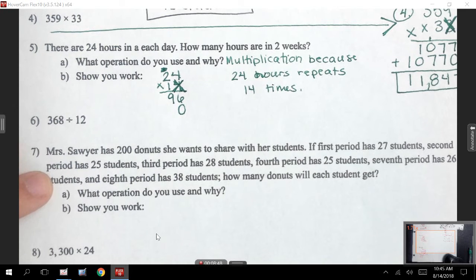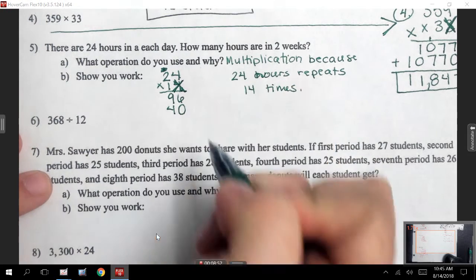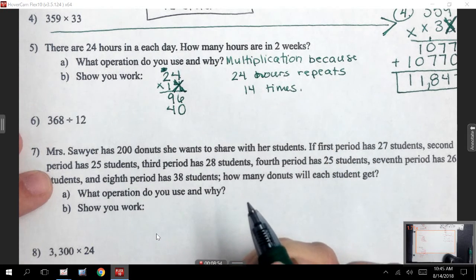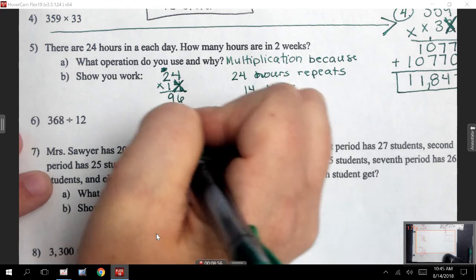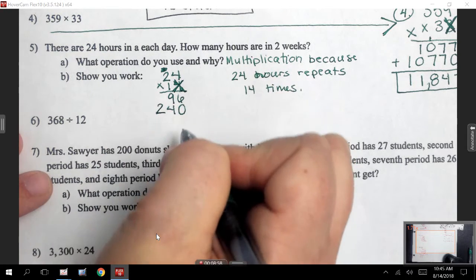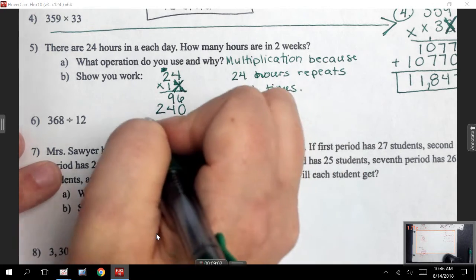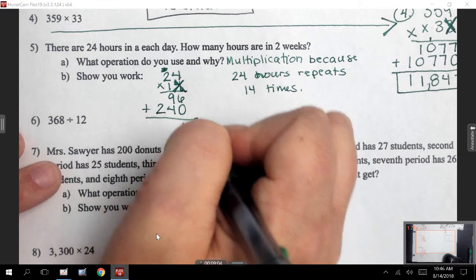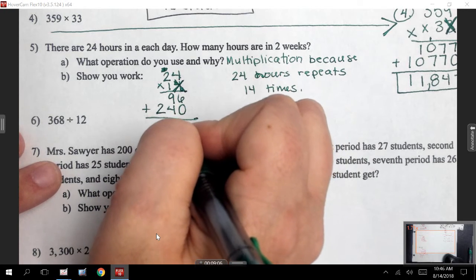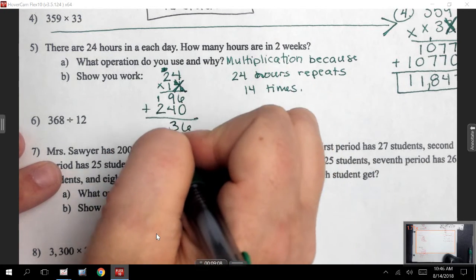Kelsey? All right, and then what, Trip? Then you do 2 times 4. Which gives me? 2. And then what do we do? Owen? Add 6 plus 0? 6. 9 plus 4? 13. Carry the 1. 1 plus 2?